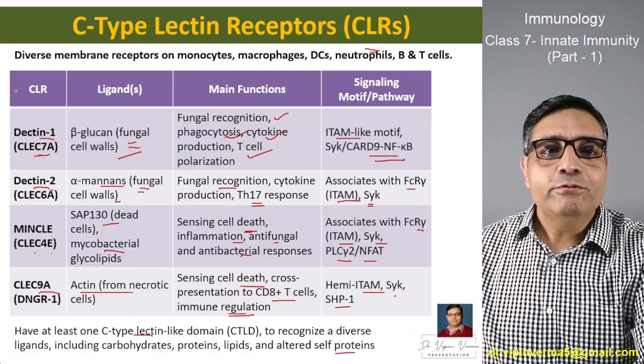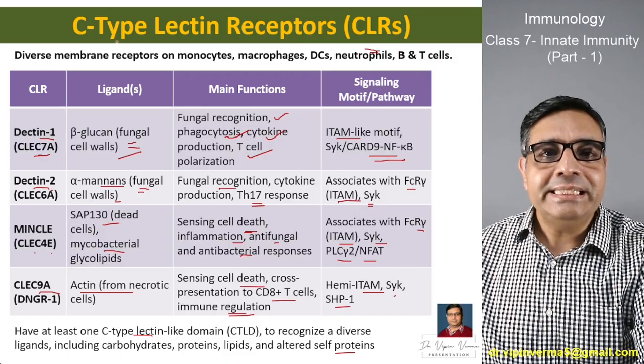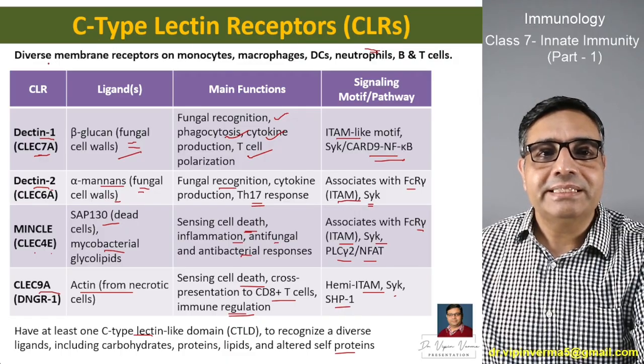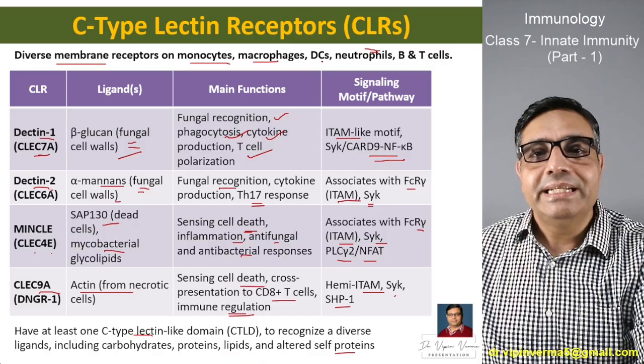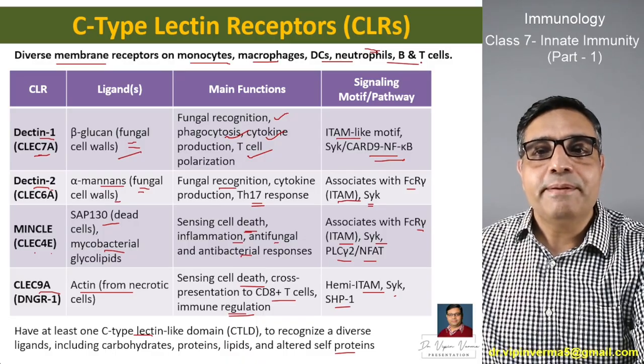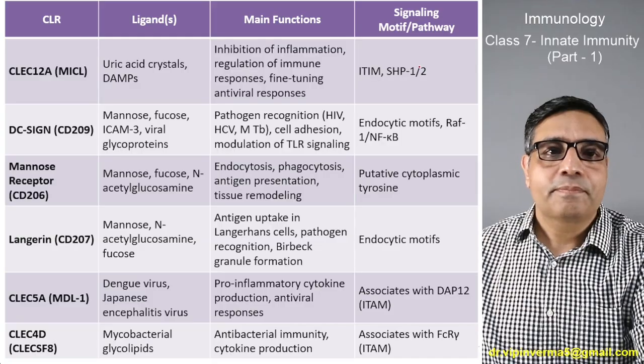So in a nutshell, these C-type lectin receptors, CLRs, are diverse membrane receptors, and they are present on monocytes, macrophages, DCs, neutrophils, and B and T cells.